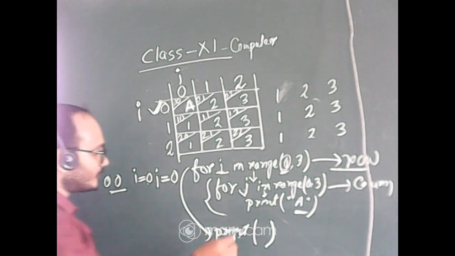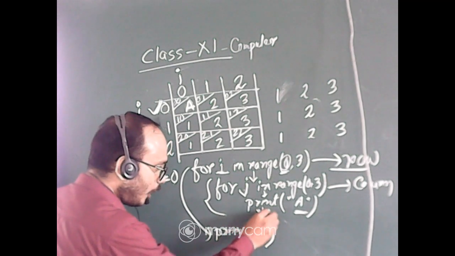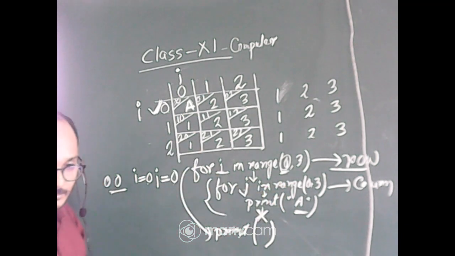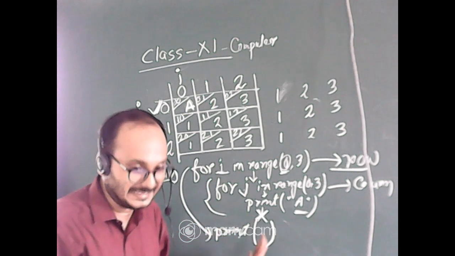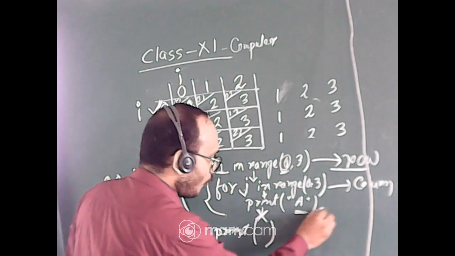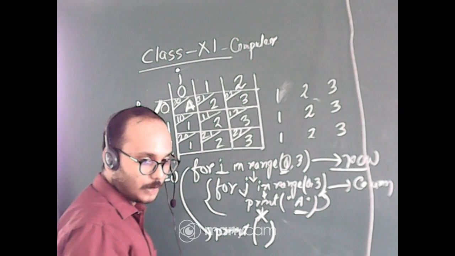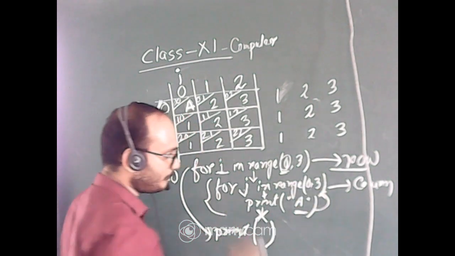Next, it can't come here because this loop has not ended till now. So it goes to that direction. We already discussed how a for loop is executed. So it goes to here.